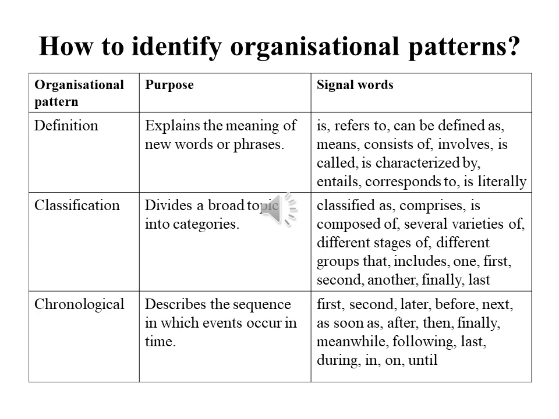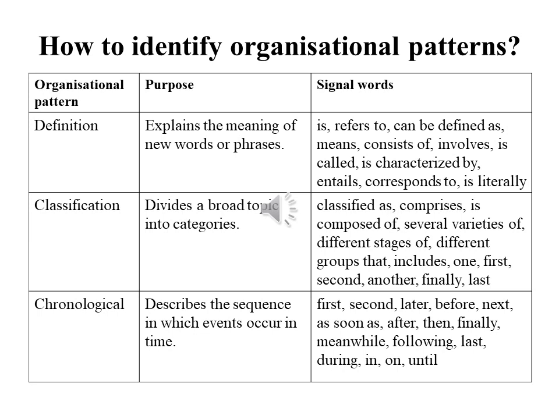This pattern divides a broad topic into categories or into classes. Therefore, common signal words found in this pattern of organization include classified as, comprises, is composed of, several varieties of, different stages of, etc.